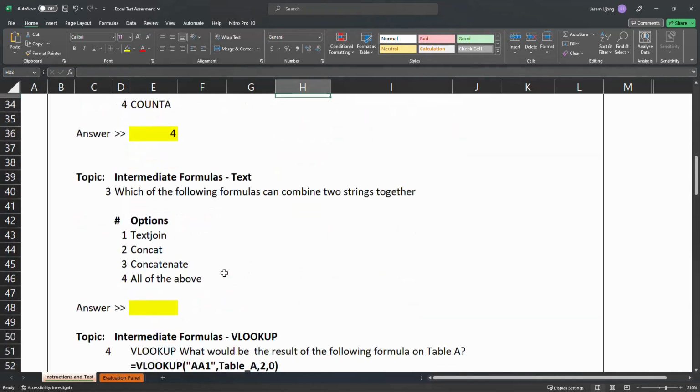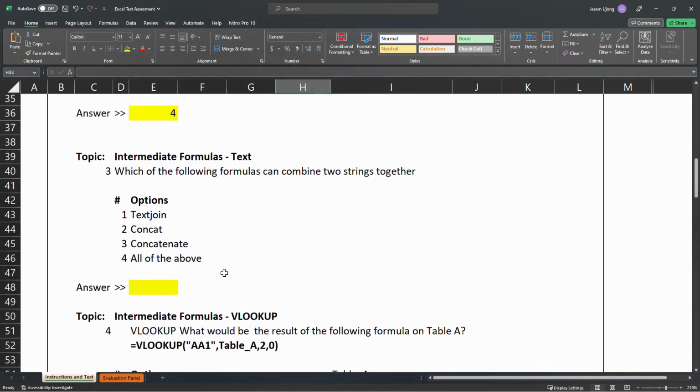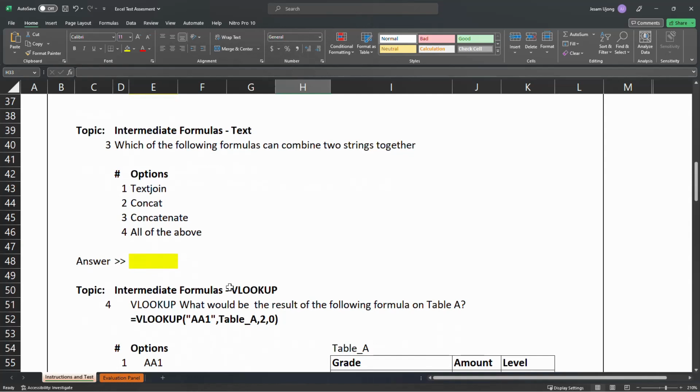Okay, we move to the next question. Which of the following formulas can combine two strings together? Finger, TEXTJOIN, okay. Taiwo, all of the above. Femi, all of the above.